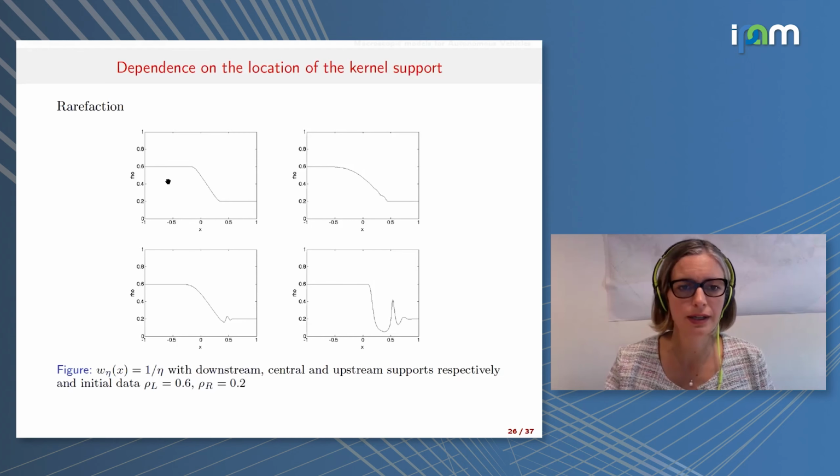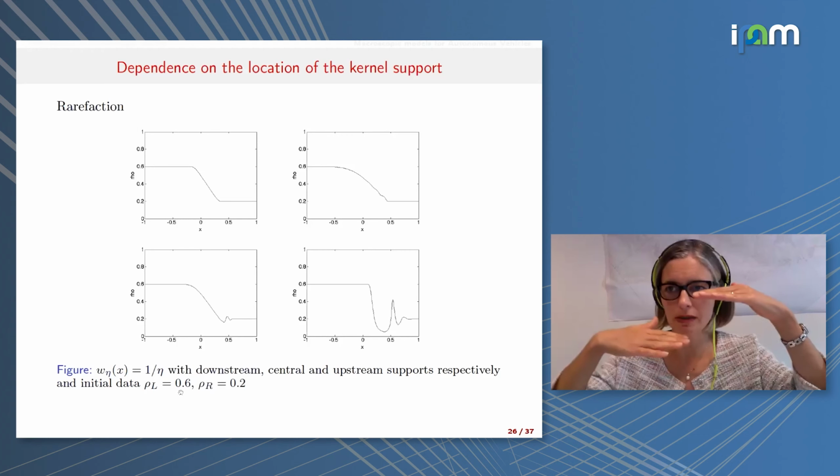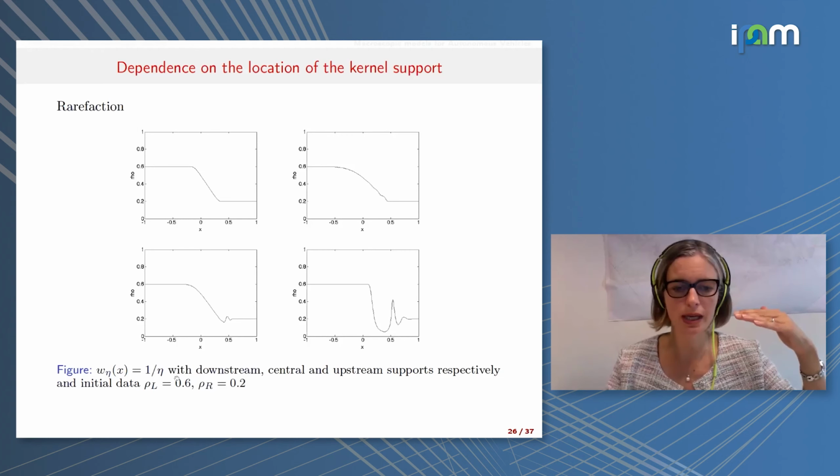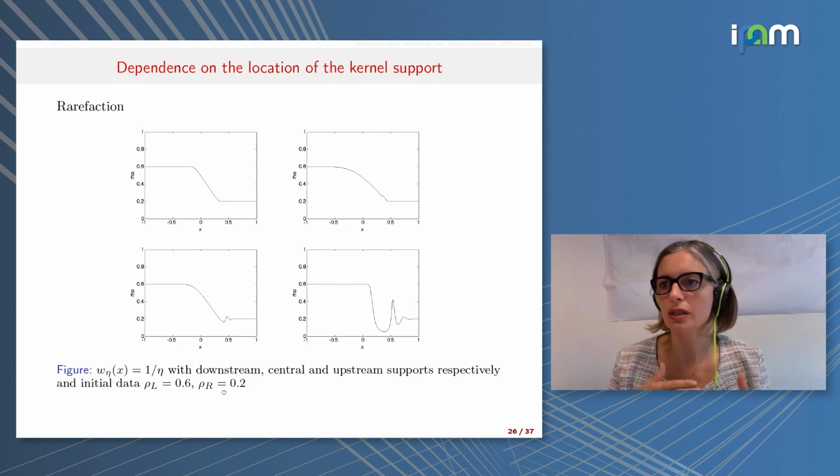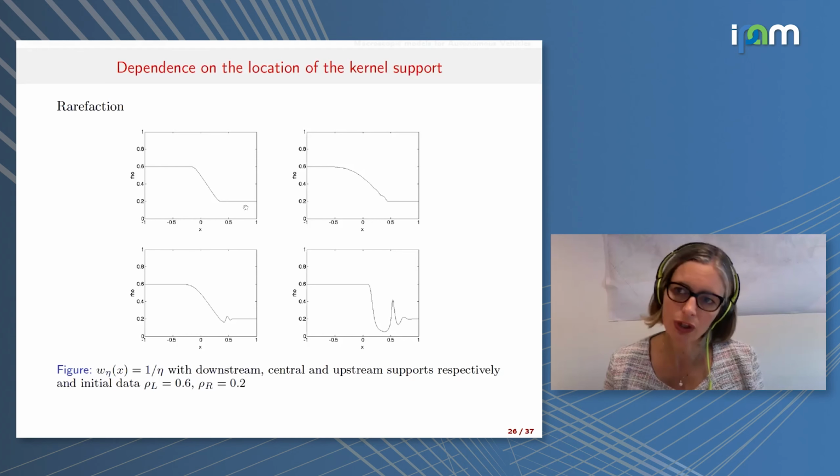So here, I'm starting with an initial datum with a jump discontinuity, with a bigger density upstream and a lower density downstream. So this normally evolves in a rarefaction wave that is depicted here. So now what happens to my modified non-local model?